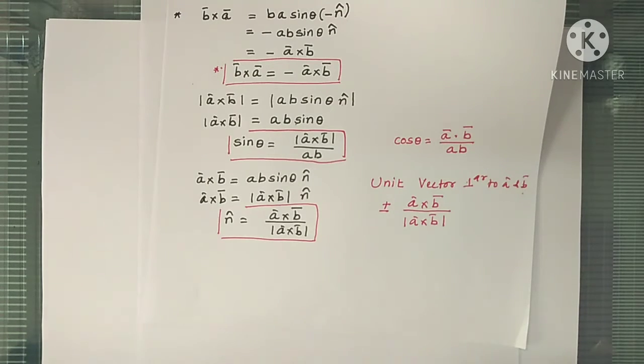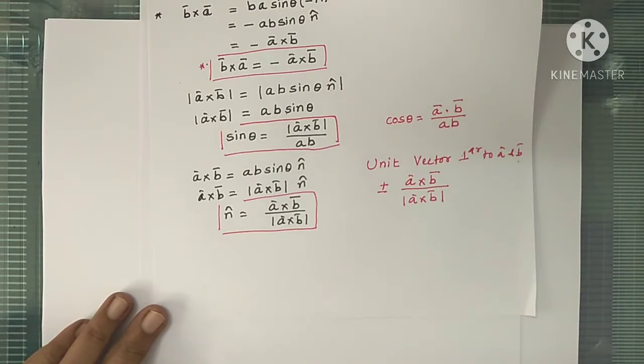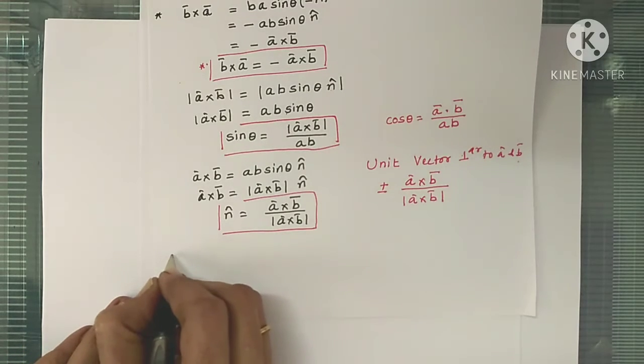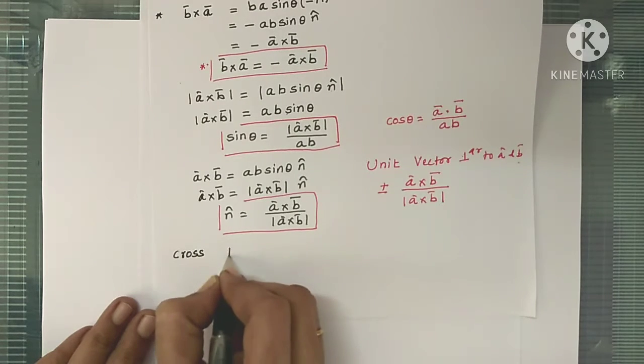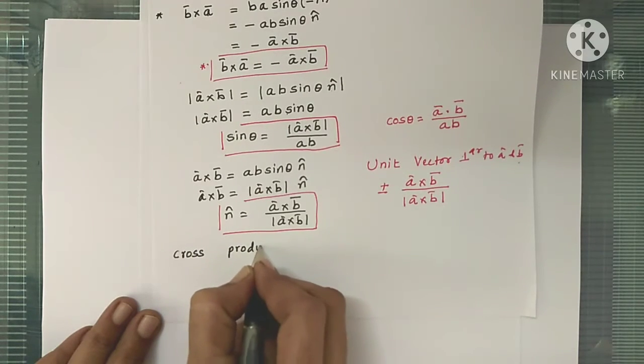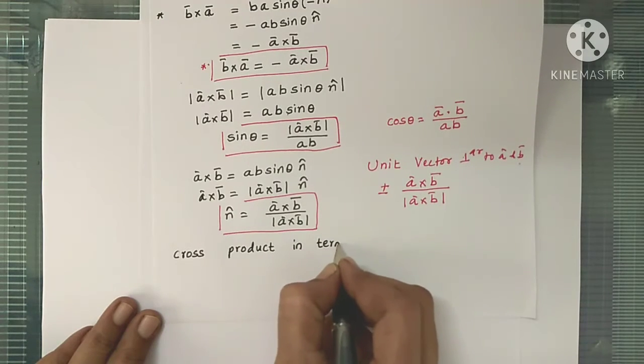Okay. Now let's consider A bar and B bar in terms of ijk. Then what happens? So let's consider the cross product in terms of ijk.